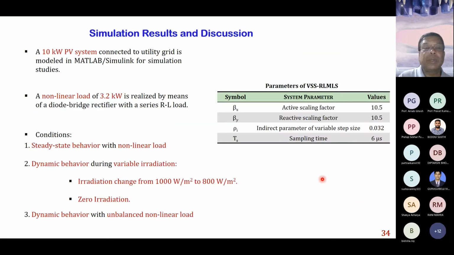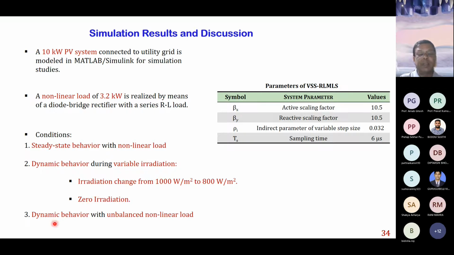Here the simulation is performed on the same 10 kilowatt PV system, and the load is a 3.2 kilowatt diode bridge plus RL load. And the three conditions we consider here: the steady state with nonlinear load, dynamic condition with variable irradiance, where in one case we considered 1000 to 800 watt per meter square, and second to zero irradiance.